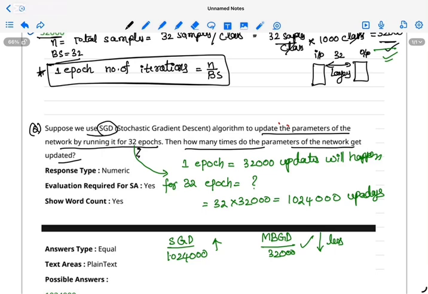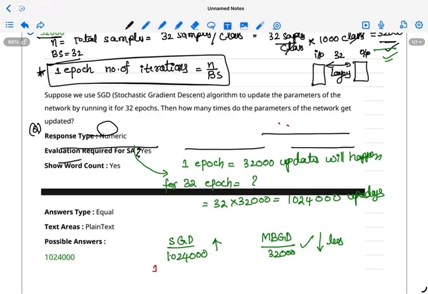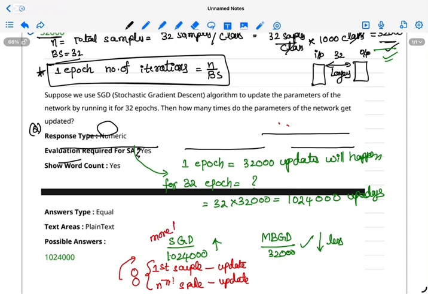In stochastic gradient descent, first it takes the first sample and updates, and it will go up to the nth sample and update. So this takes more updates. For the first sample it will update, for the second sample it will update, and so on up to n samples. So the number of updates is increased.